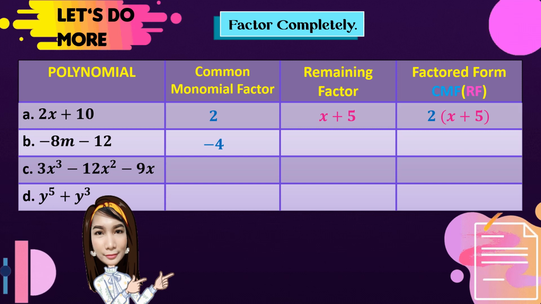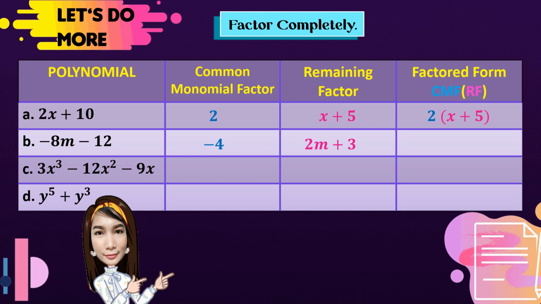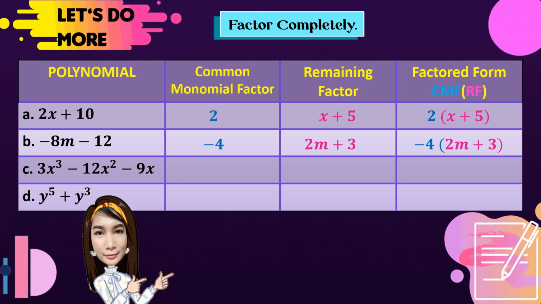Now to get the remaining factor, we just divide each term by the common monomial factor. So negative 8m divided by negative 4, we have positive 2m. Negative 12 divided by negative 4, we have positive 3. So we have the remaining factor 2m plus 3. So the factored form will be negative 4 times the quantity of 2m plus 3.